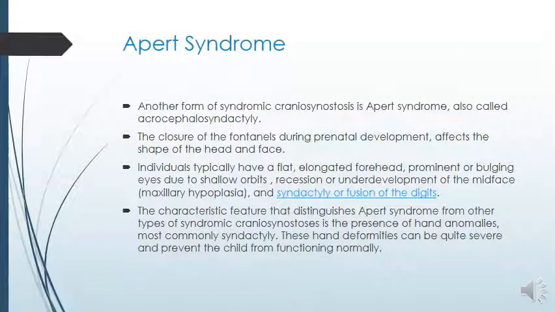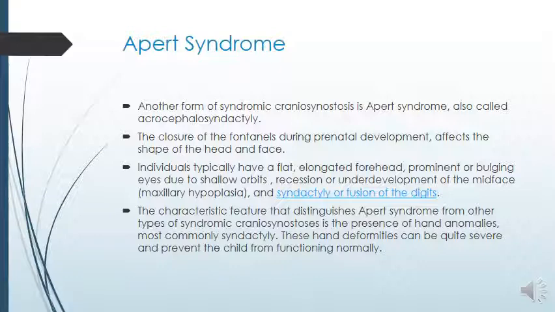Another form of syndromic craniosynostosis is Apert syndrome, also called acrocephalosyndactyly. The closure of the fontanelles during prenatal development affects the shape of the head and face. Individuals typically have a flat, elongated forehead, and they also have prominent or bulging eyes due to shallow orbits.